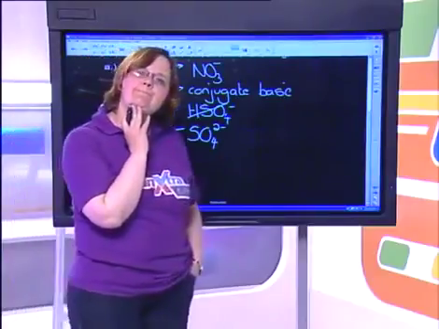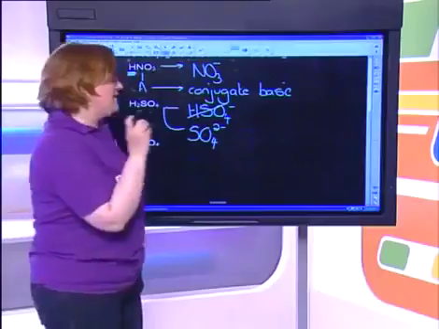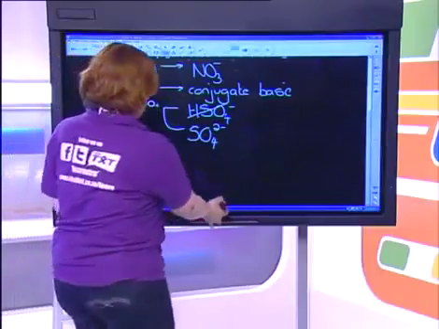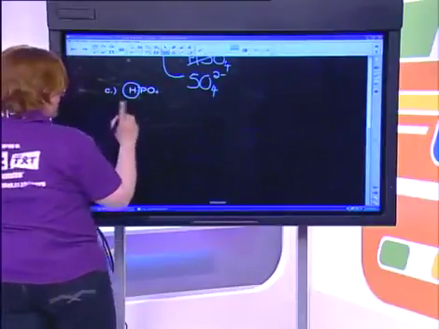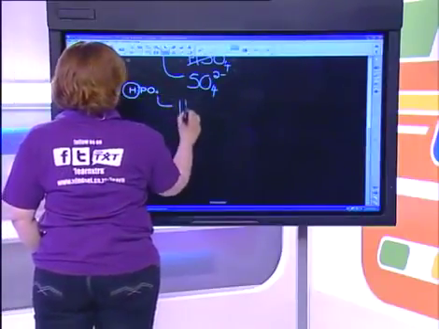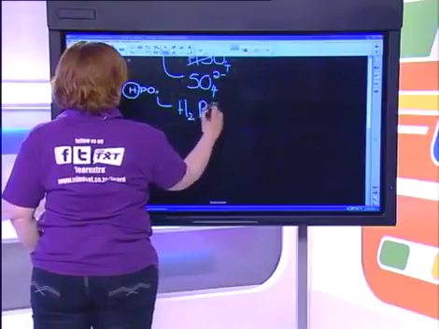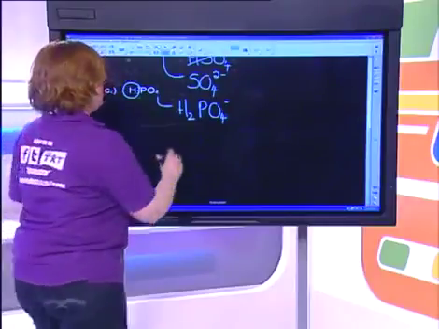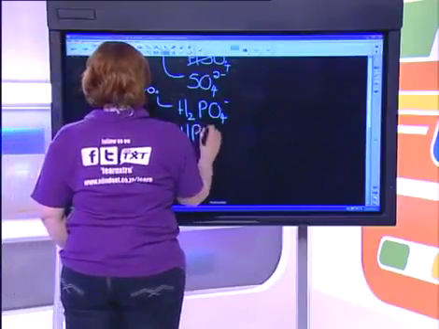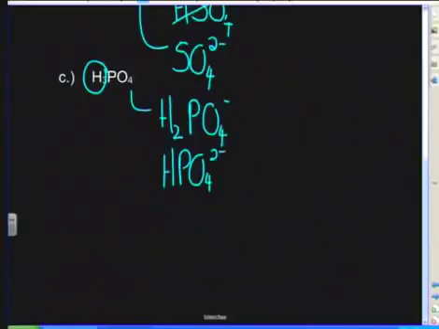Now we've got another one, H3PO4. We have 3 hydrogens to give away, so we can have 3 conjugate bases. If it only gives away 1, it becomes H2PO4 minus. If it gives away 2, it becomes HPO4 2 minus. If it gives away 3, it becomes PO4 3 minus.